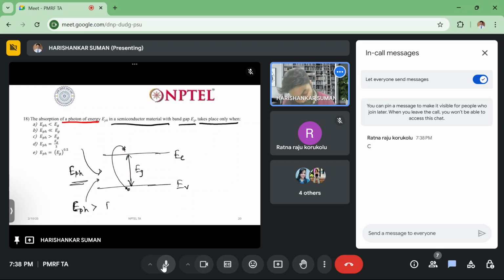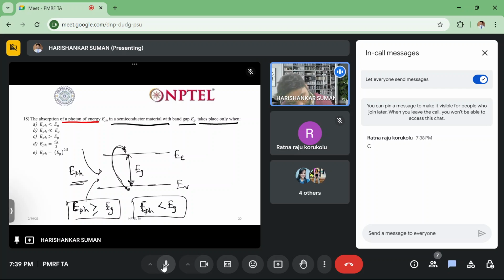Higher, or equal to, or less than. Which is the correct option? Option C. If this electron receives energy that matches the band gap, then only it can jump from here to here.